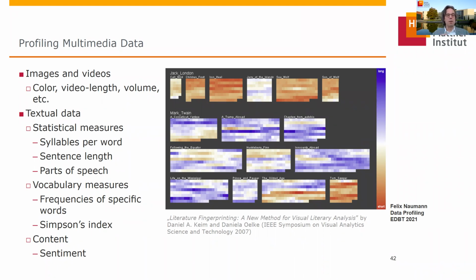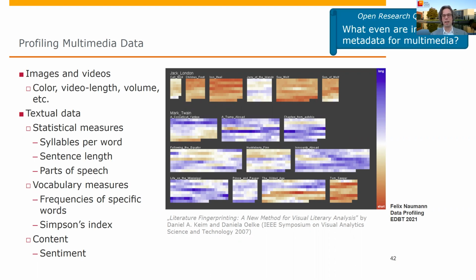And you can then see, okay, Jack London apparently has shorter average sentences than Mark Twain. You can profile this textual data and extract metadata from it, and not just sentence length, but all sorts of things like parts of speech and other linguistic measures, right?